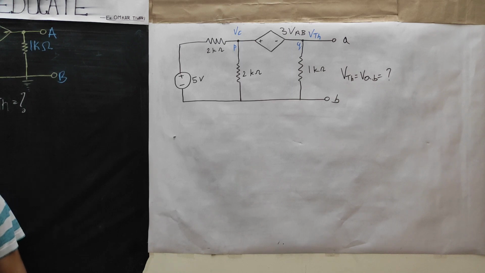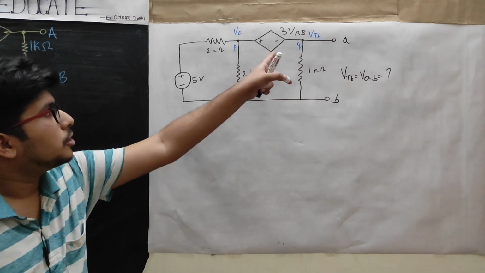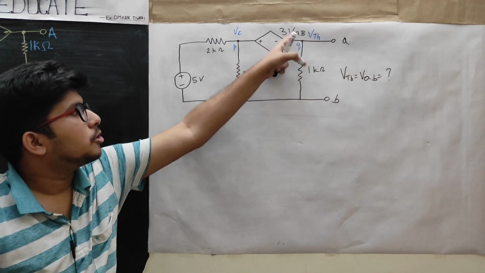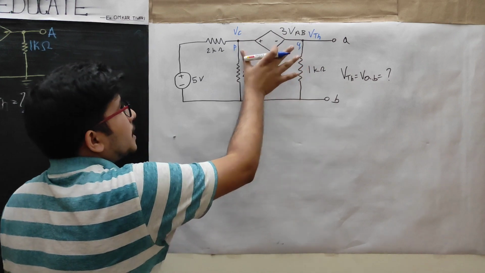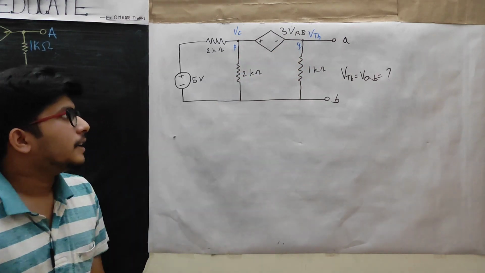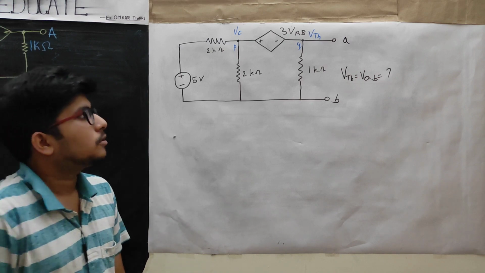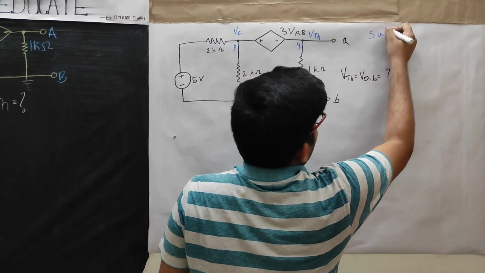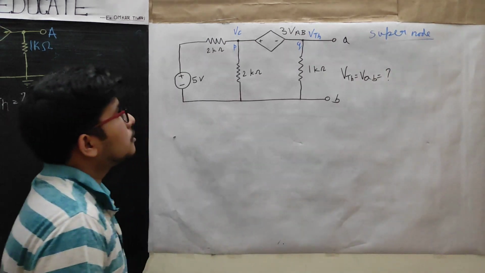There is no inductive, capacitive or resistive load, and there is a voltage source, which means these 2 points can be combined as one node only. This is also called a super node.